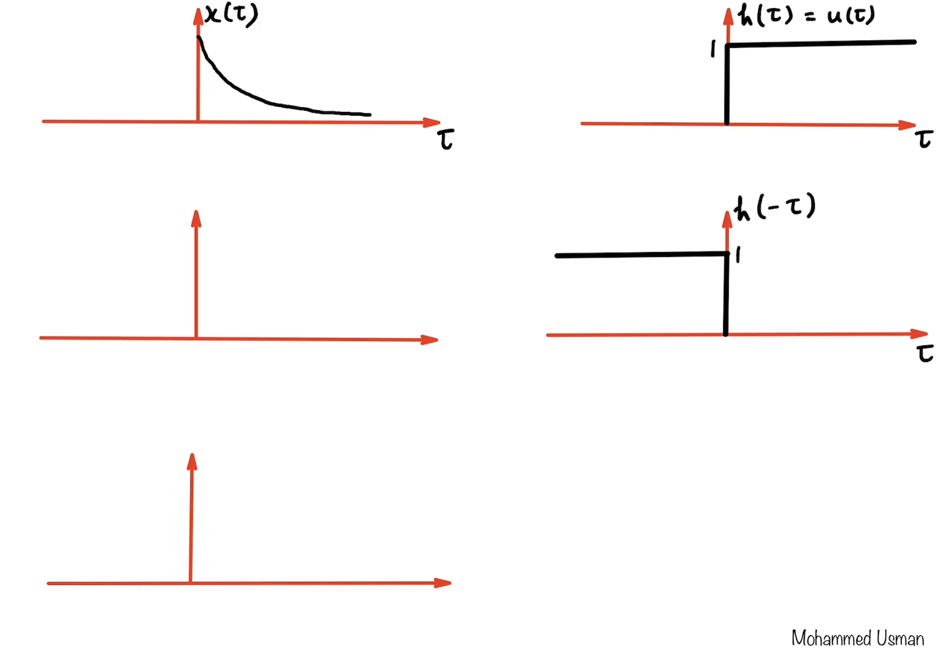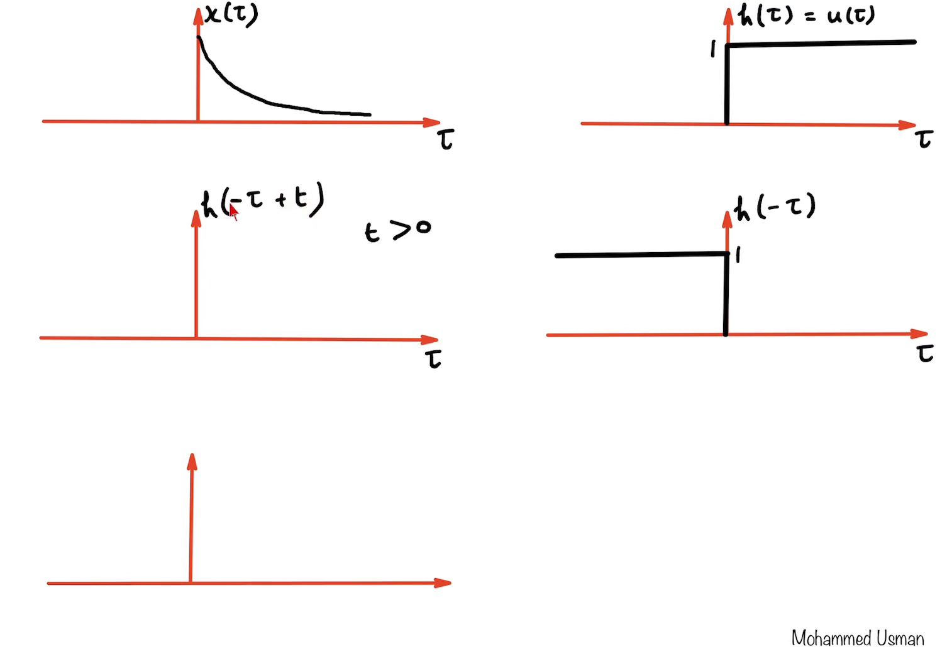Okay, so basically we are going to have here the shifted versions of this h. This is tau and h of minus tau plus t. And we'll do it for different values of t. So when t is greater than 0, this is h of minus tau plus t, and since t is positive, it remains plus t.